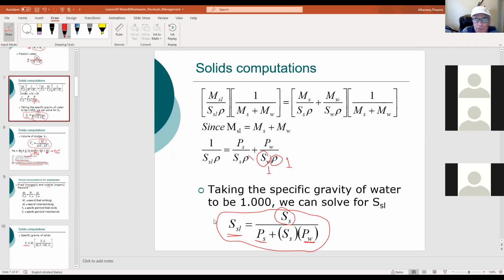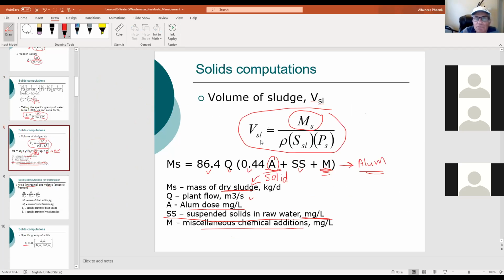Is this the one that might help us? The volume of the sludge, here it is. This is the formula that we are going to use. But before that, let's calculate the mass of the solids using this formula.